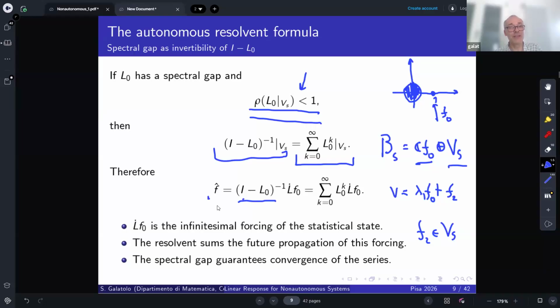Okay, so in this, this term will play the role of the direction of change of your system, and then the resolvent, in some sense, will play the role of the operator that goes from the direction of change of the system to the direction of change of the invariant measure. You can write the formula even by a sum like this, because the resolvent can be written as a series. Typically, spectral gap is important to have the resolvent defined.